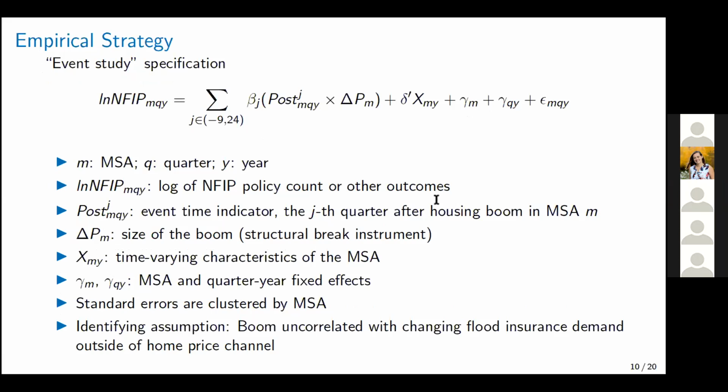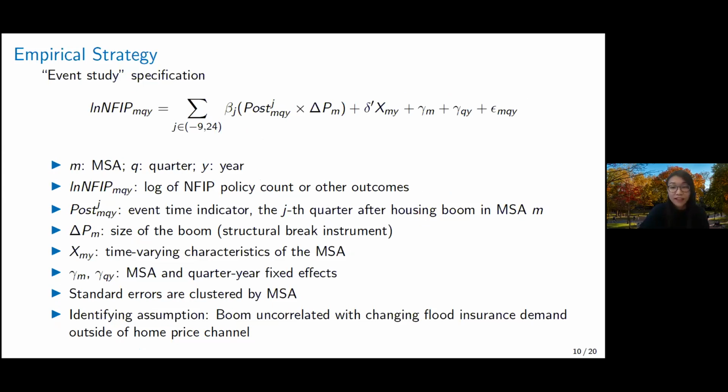And then we control for a vector of time varying characteristics of the MSA, which is the X variable. Here, we include the housing transaction volume to control for the effect of housing turnover. We include log of income so that we control for the fact that maybe people get higher income during the housing boom.